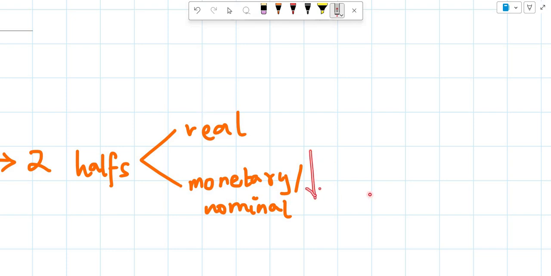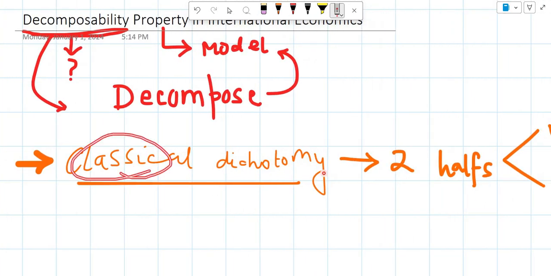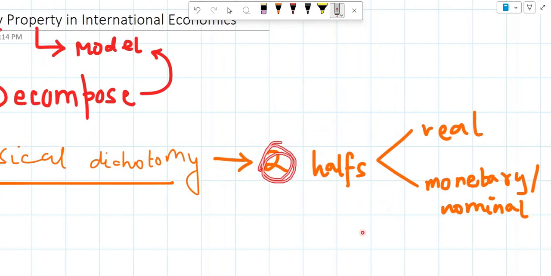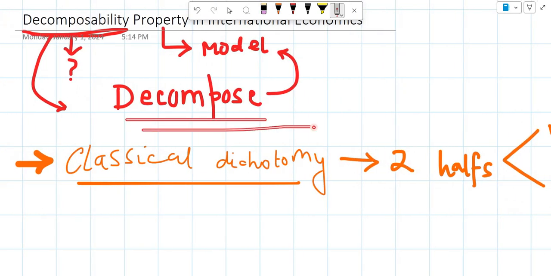If you decrease something on the monetary side, the real side remains the same. This is the concept of classical dichotomy. What you end up doing is decomposing the economy into two halves. Here also we will consider a similar thing, which is the decomposability of a model.